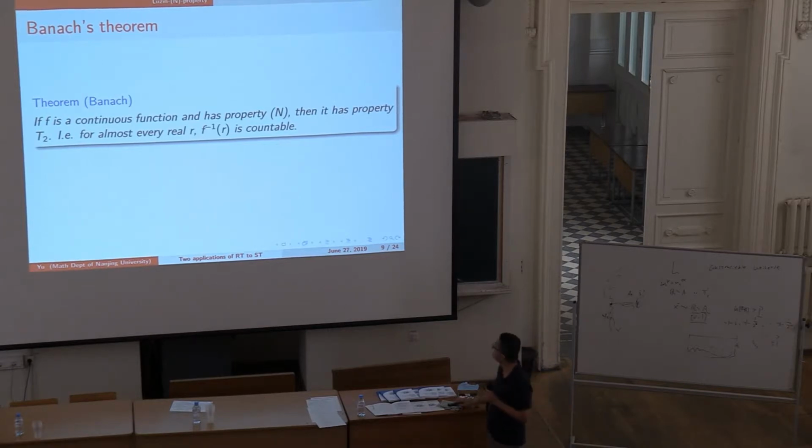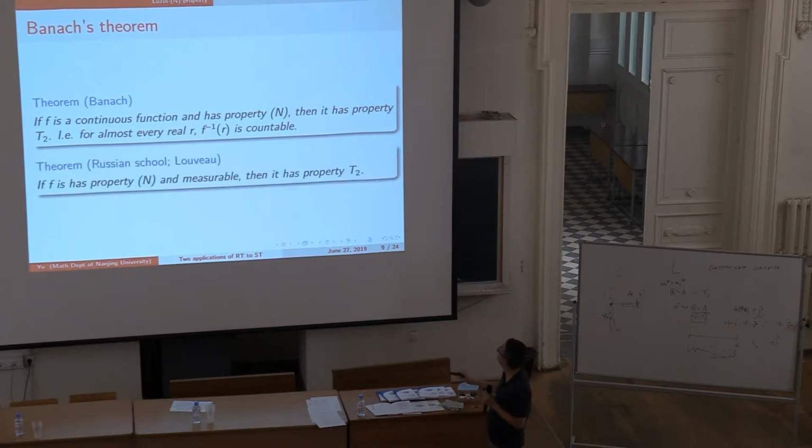This result was significantly improved by Russian mathematicians, because many Russian mathematicians claimed the result. If I wrote down all the names, it would take several pages, so I just say the Russian school, and Loveland and Series in France. They improved Banach's theorem, which says that if f is continuous and has the Lusin N property, then it has property T2.